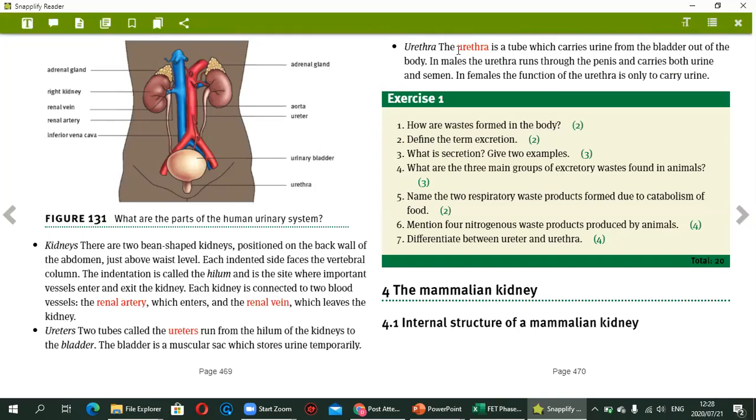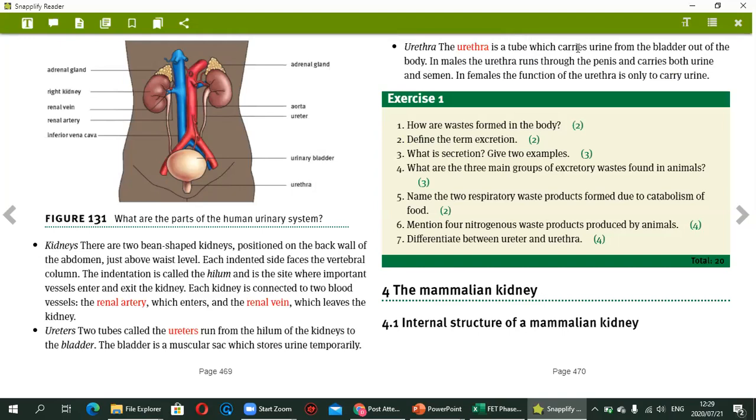Then urethra. The urethra is that one over there that I just told you. We've seen in the video also the difference between the male and female is the length of the urethra. This tube here carries urine from the bladder out of the body. In males, the urethra runs through the penis and carries both urine and semen.